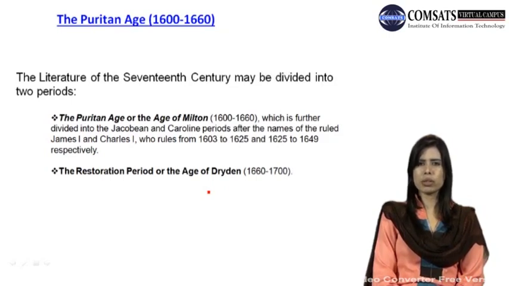So here, my dear students, we have divided 17th century literature into two phases. One is the Puritan age and the other one is the Restoration period.